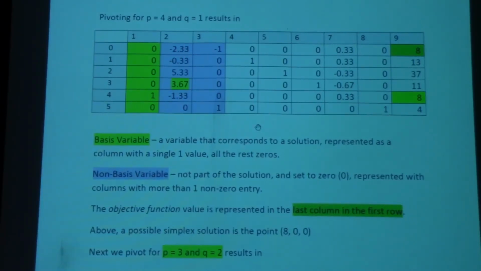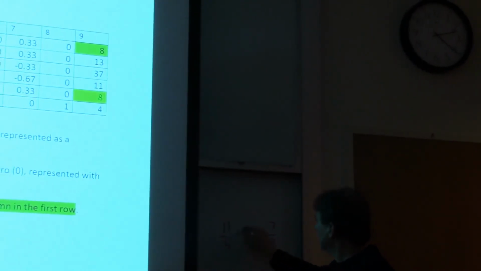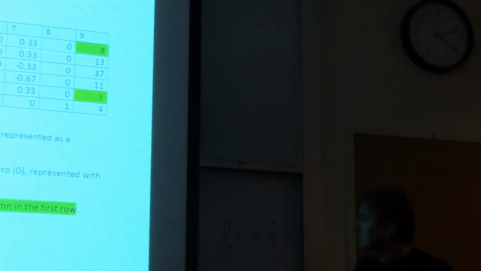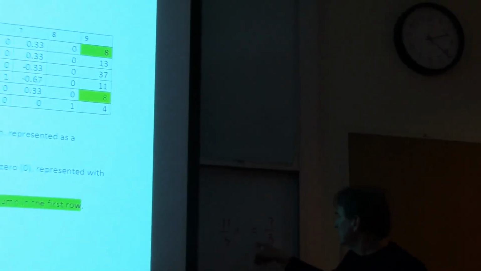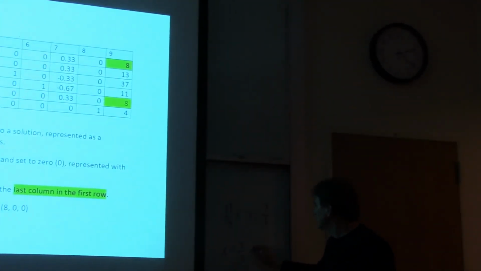So 11 over 3 times something is going to be 7 over 3 times x. Right? 11 over 3 times x is 7 over 3. So x is going to equal 7 thirds times 3 over 11, which means it's going to be 7 over 11.